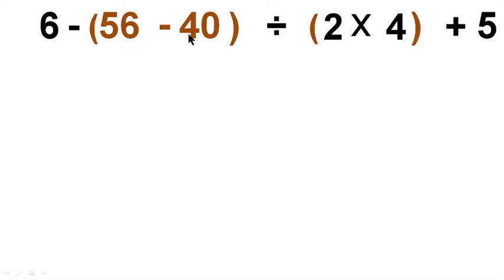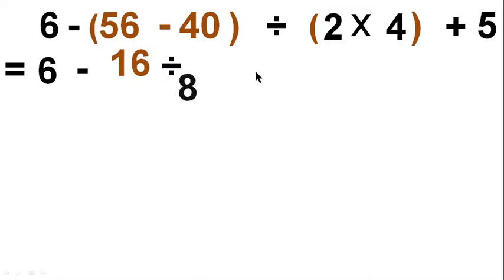If we subtract 40 from 56, we will get 16, and minus 6 will be written here same, and division will be written here same, and now we will multiply here. If we multiply, we get 8. 2 fours are 8, and plus 5 will be written here same.